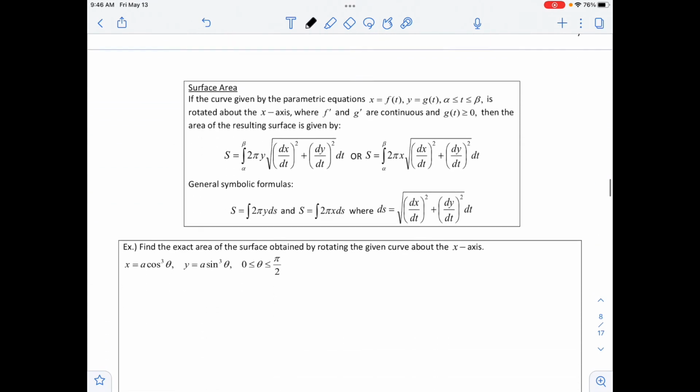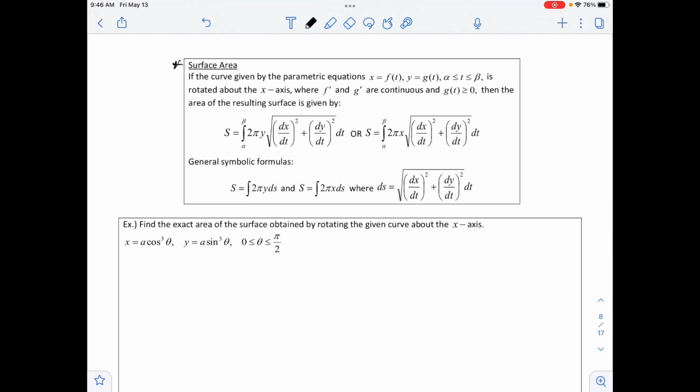So on the next page, we also discussed surface area, which was talked about in chapter 8.